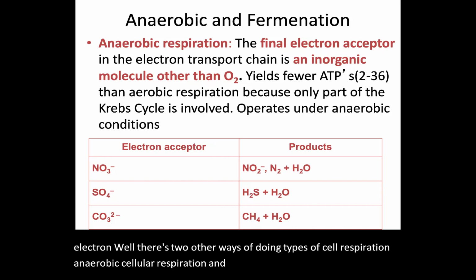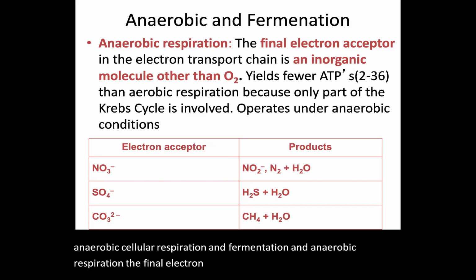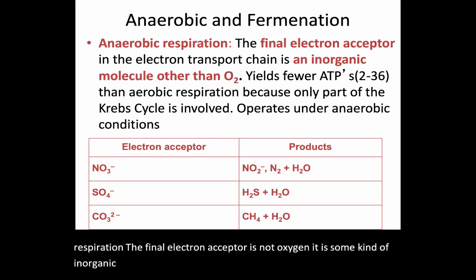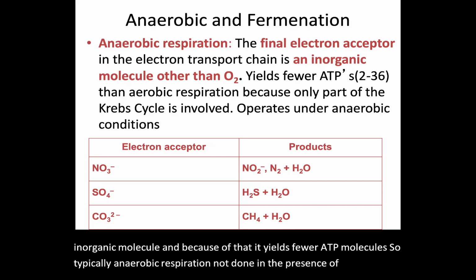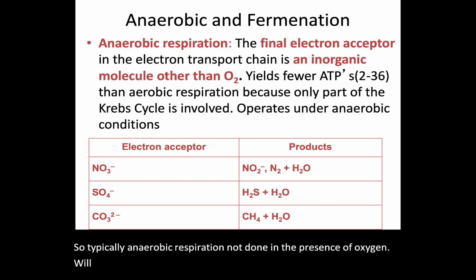Right? And in anaerobic respiration, the final electron acceptor is not oxygen. It is some kind of inorganic molecule. And because of that, it yields fewer ATP molecules. So typically, anaerobic respiration, not done in the presence of oxygen, will yield between 2 and 36 ATPs. Now, I will say this.